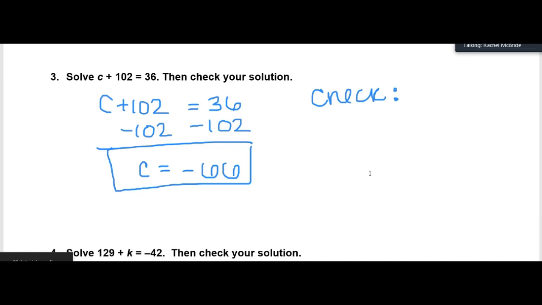All right, Logan, what's that going to look like when I plug it into my check step? What's that first line of check going to look like? What do you think? 174.